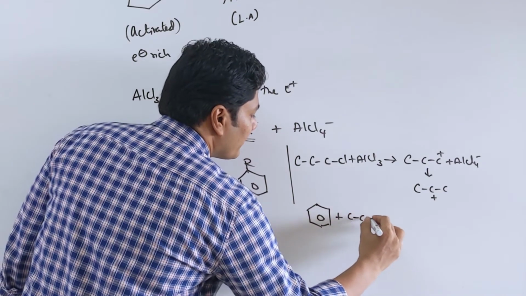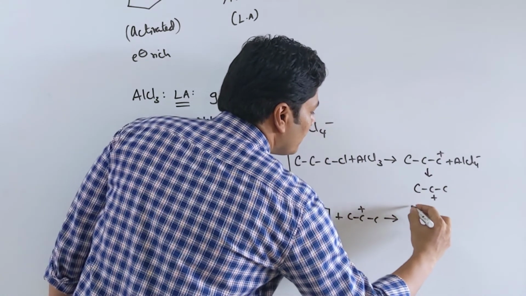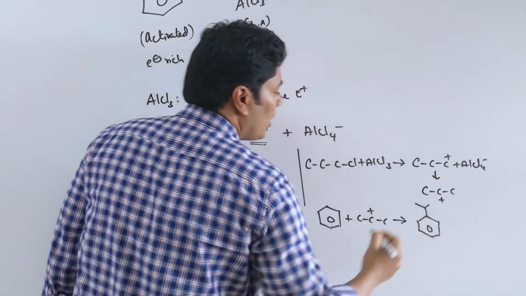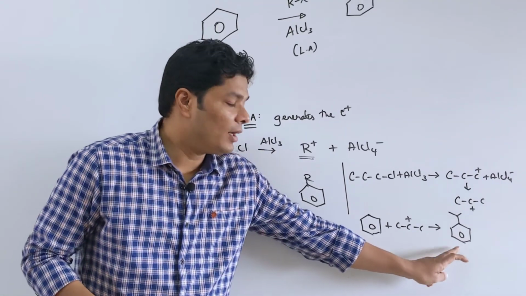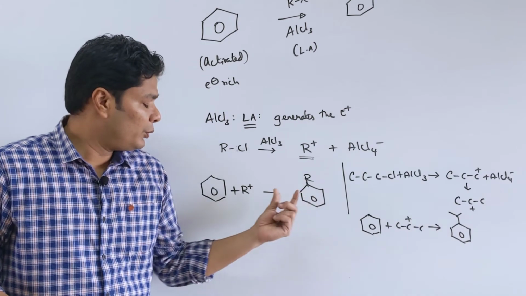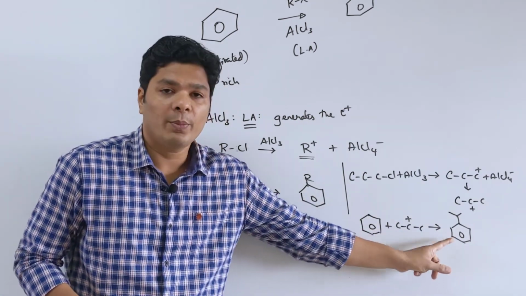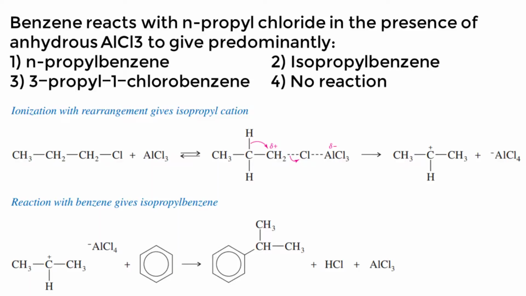When treated with benzene, it will give you isopropyl benzene, or cumene. This actually came in NEET once. You want to be able to write down the rearranged carbocation that will form the corresponding compound. This is pretty straightforward.